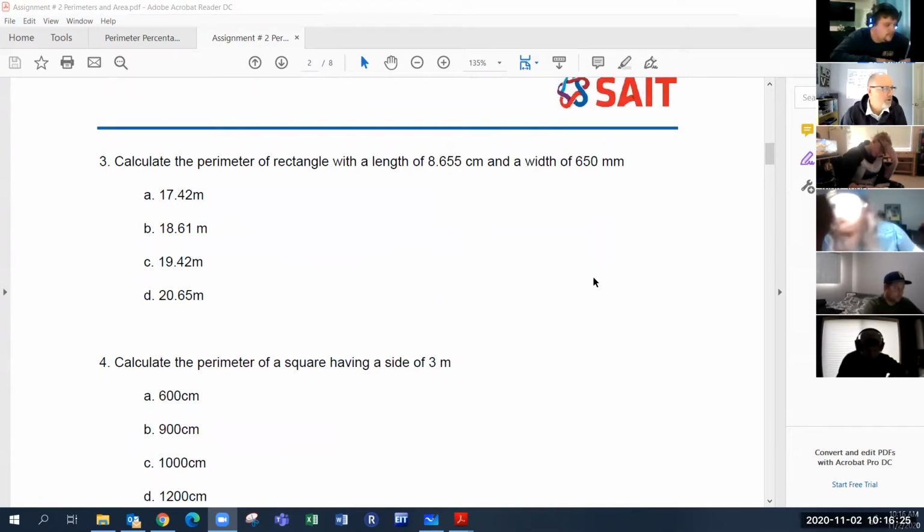So we want the perimeter of a rectangle. There's no way you're getting 17 meters out of that though. That's your lowest answer. How many sides? That's 4. Oh, I see what I did wrong there.